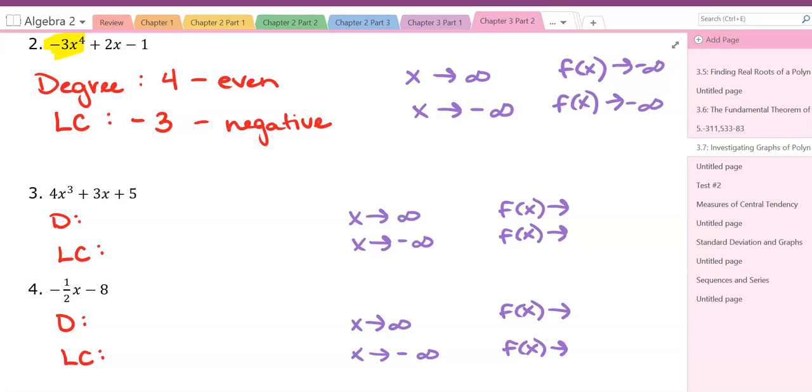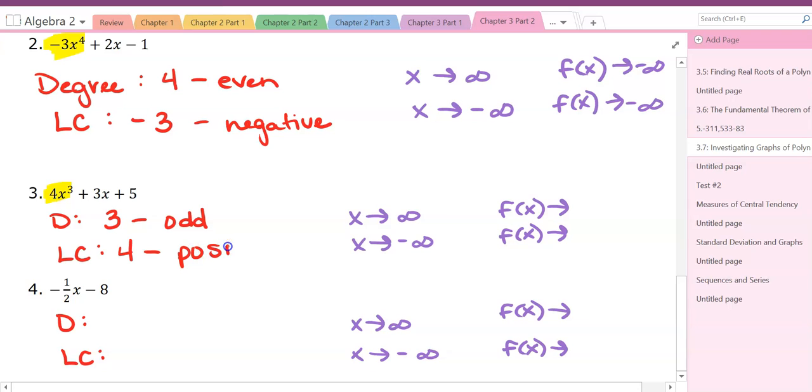So can you guys tell me for number 3, based off of your first term, what the degree is? So that's odd. What's the leading coefficient? Positive 4, so positive. Okay, so as x goes to positive infinity, what does the y do?